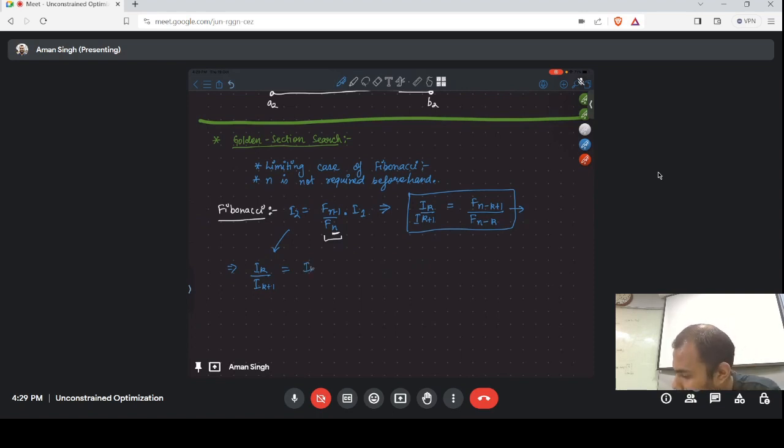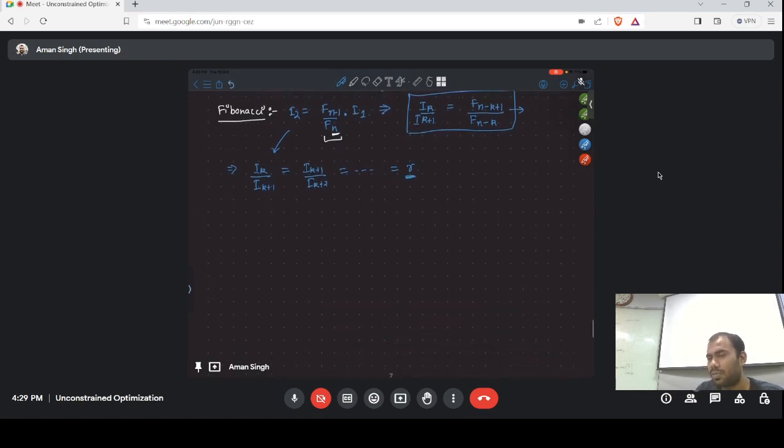So Ik plus 1 upon Ik plus 2, and so on, is some ratio r. Now let's try to find this ratio. So we know Ik upon Ik plus 1 equals r, and Ik plus 1 upon Ik plus 2 equals r.